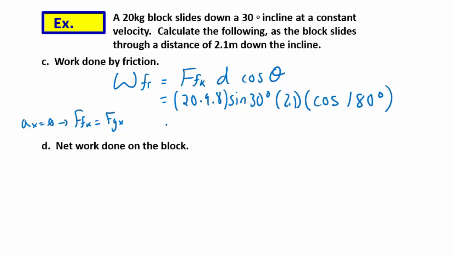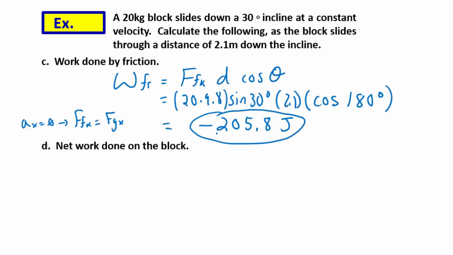So it's going to invert the sign, and we're going to get negative 205.8 joules of work being done by friction. The book, when it talks about work done by friction, will call this thermal energy, or delta E_th. The idea is the exact same thing. The work done by friction to heat up the block and the surroundings would be negative 205.8 joules.